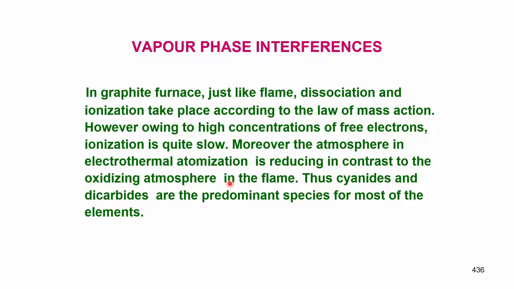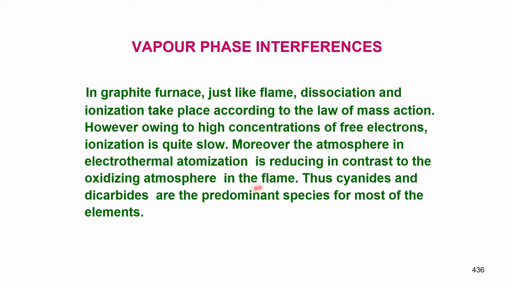So, then there are vapor phase interferences, just like in the flame, dissociation, ionization take place according to the law of mass action. However, owing to high concentration of free electrons, ionization is quite slow. Moreover, the atmosphere in electrothermal atomization is reducing in contrast to the oxidizing atmosphere in the flame.